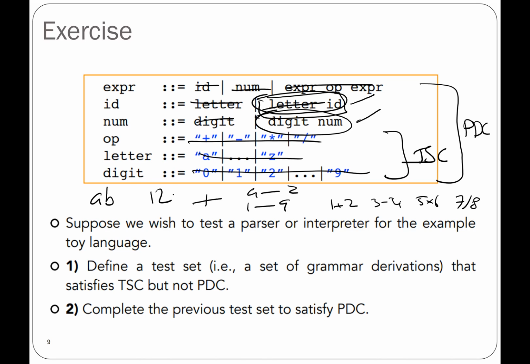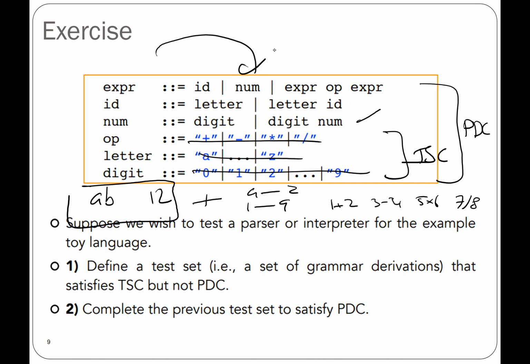But this on its own is not a valid string because it doesn't fit into that grammar. I can't fit it. The closest thing I can fit it with is this one over here, so I can put any symbol. If I put, say, a plus, then it fits at this top symbol over there. And with the addition of AB plus 1, 2, I would have covered PDC in addition to my TSC.